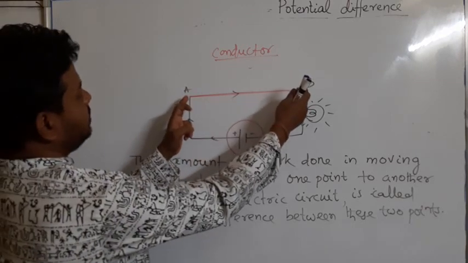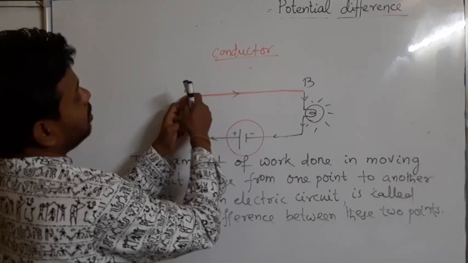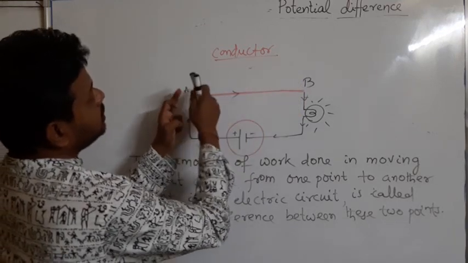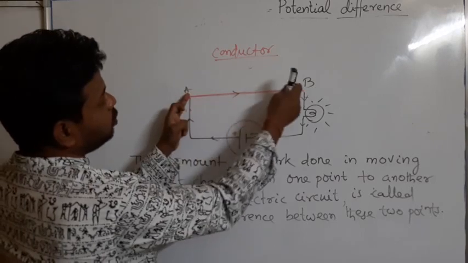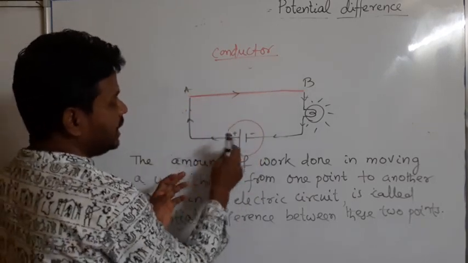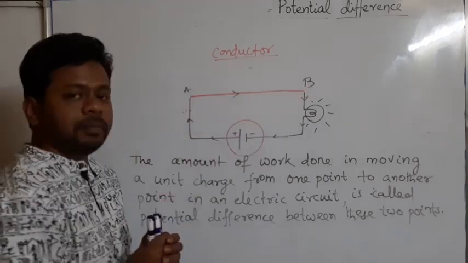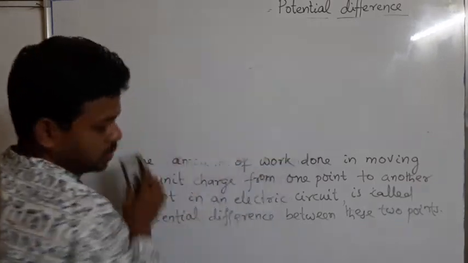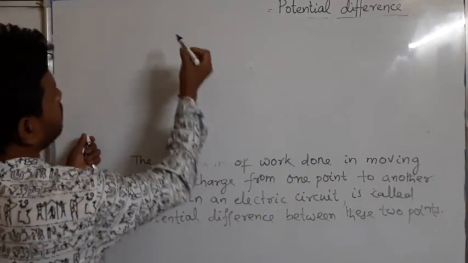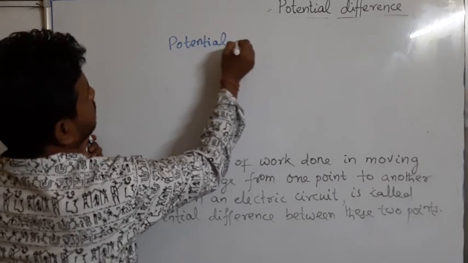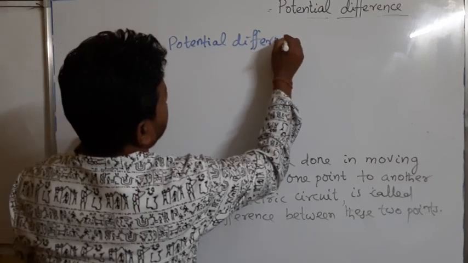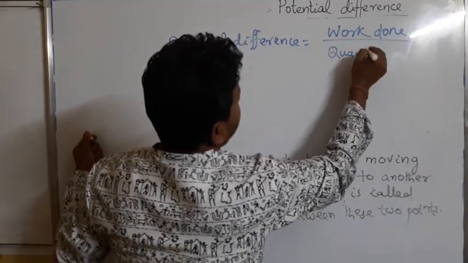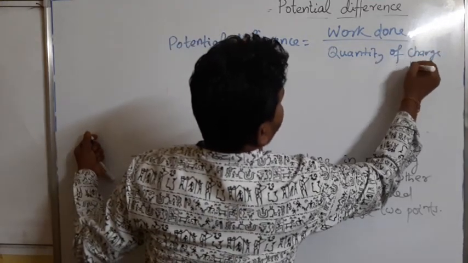So the potential difference between A and B will be the amount of work done in moving a unit charge from A to B. And to move the charge from A to B, a cell must be connected with it, and this cell maintains the potential difference between A and B. So the potential difference will be the work done divided by the quantity of charge moved.